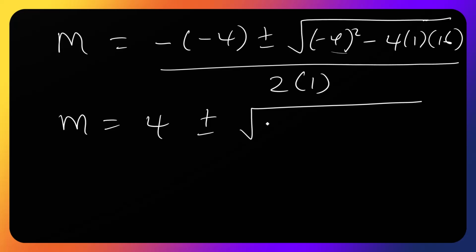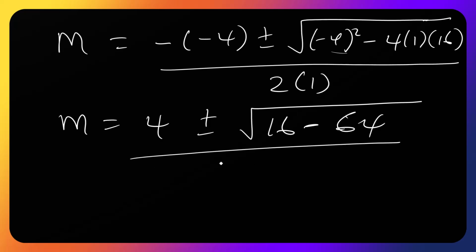So we have m equals plus 4, plus or minus the square root of 4 squared, which is 16, minus 16 times 4, which on the calculator will be 64. So we have 64 on 2.